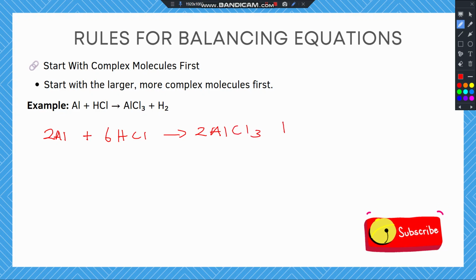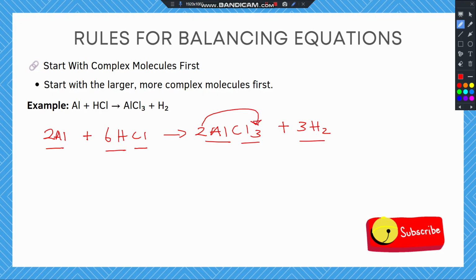2AlCl3 plus 3H2. If you check for aluminium, we have 2 atoms of aluminium on the left, 2 atoms of aluminium on the right. For hydrogen, 6 atoms of hydrogen on the left and 6 on the right as well. Chlorine has 6 atoms of chlorine on the left, and then we also have 6 atoms of chlorine on the right because these 2 affect these 3 to make it 6.